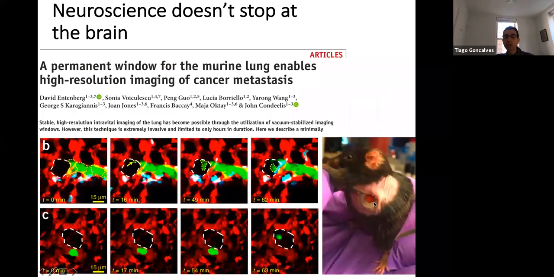This is not neuroscience at all, but they implant this window in the lung. And I'm just blown away by this, because if you think the brain has movement, just think about the lung, right? With these mice inhaling and exhaling, and they have this beautiful work where they implant this long-term window, and they can actually see lung cancer metastasis going. For example, here you see these cells making their way into metastasizing and infiltrating the bloodstream.